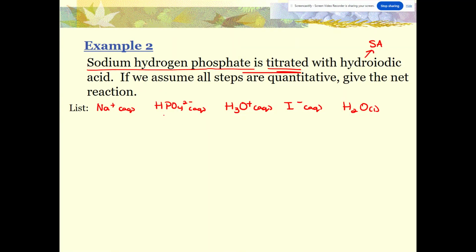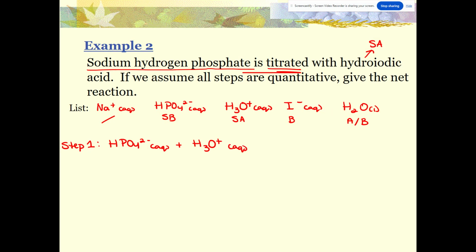So our strongest base is going to be the HPO4 2 minus, and the strongest acid, again, if you don't remember how to figure out what's the strongest acid or strongest base, there's the previous video that you can take a look at that explains how to identify it based on the acid-base chart. So in step 1, now when I have a polyprotic base, again, it's polyprotic because of its charge. It will continue to gain hydrogens until all of the negative charge is gone.